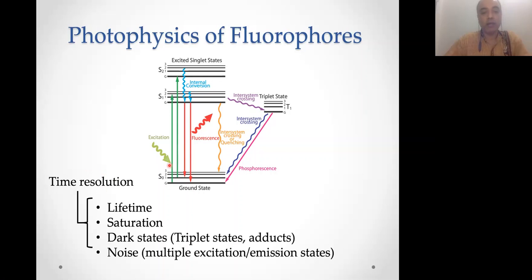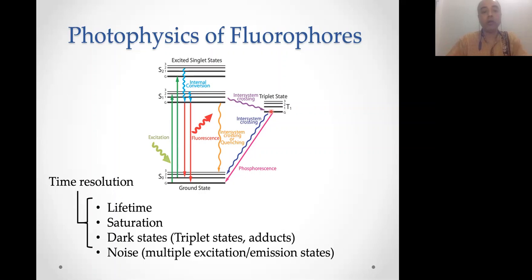If that dye is going to triplet states, which are usually dark states, they are going to reside in these states for sometimes as long as tens of microseconds, hundreds of microseconds. Those are times that are lost while you are trying to image that molecule, and that will add to noise in the emission from that single dye.